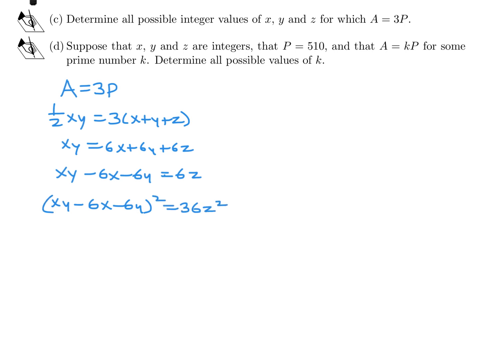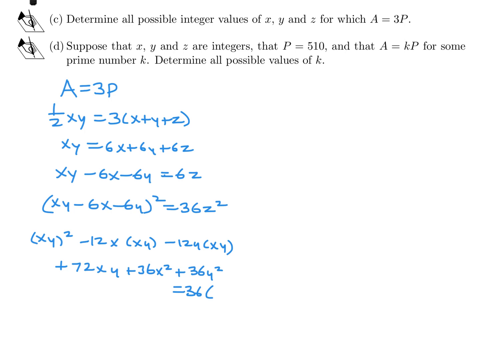When I expand this out, I'll get xy squared minus 12x times xy minus 12y times xy plus 72xy plus 36x squared plus 36y squared is equal to 36 z squared. But for z squared, I'll put x squared plus y squared, and that will hopefully help us. Okay, now let's see what I can do.